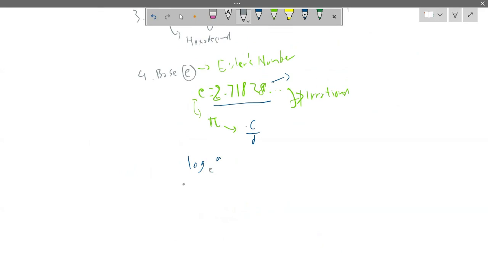The mathematics itself doesn't really change, but we love to denote log of a base e as ln of a. This ln stands for natural logarithm, and we pronounce it as ln.